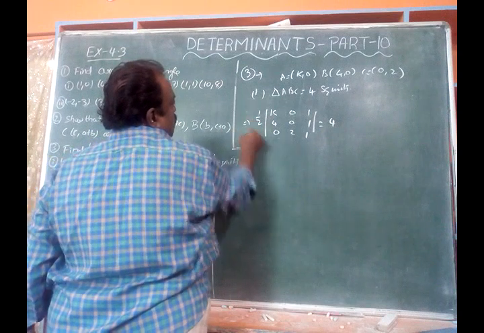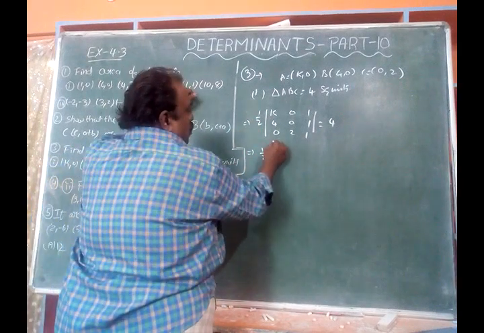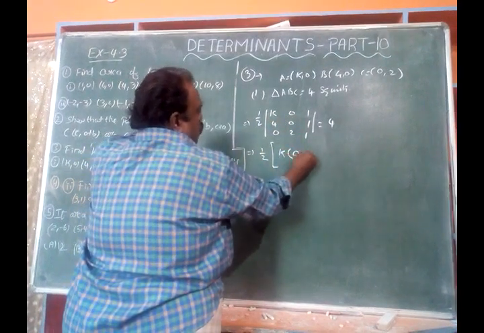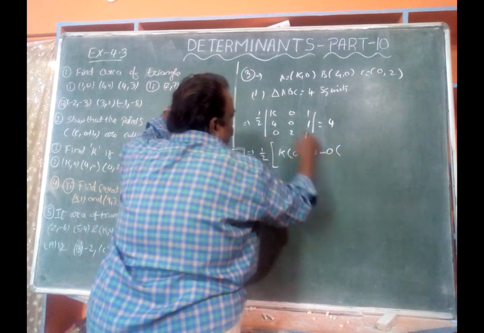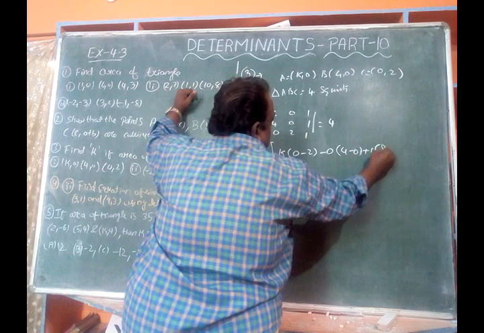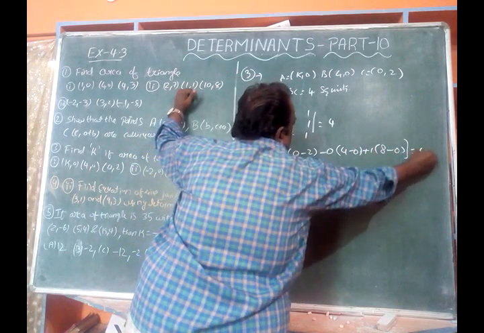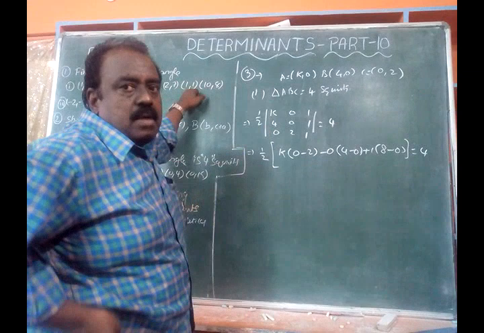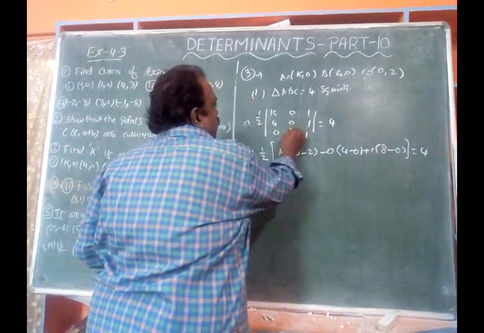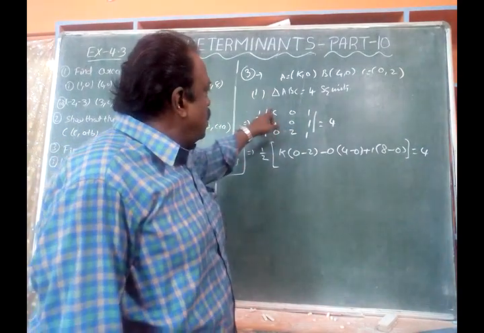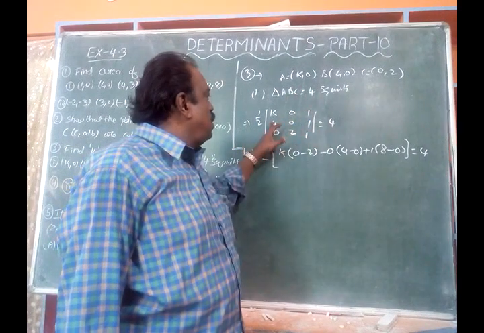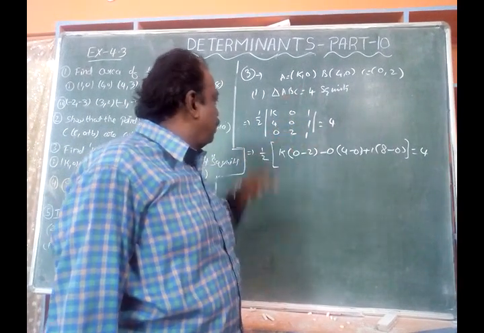It is 1 by 2 into k of row and column selected, 0 minus 2, minus 0 into anything is 0, plus 1 of 8 minus 0 is equal to 4. Every time I am giving explanation for how to expand the determinant, many number of times: k of 0 minus 2, minus 0 into anything is 0, plus 1 of 8 minus 0.